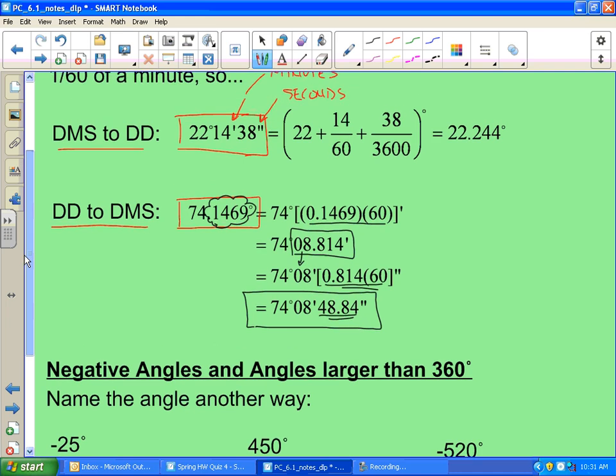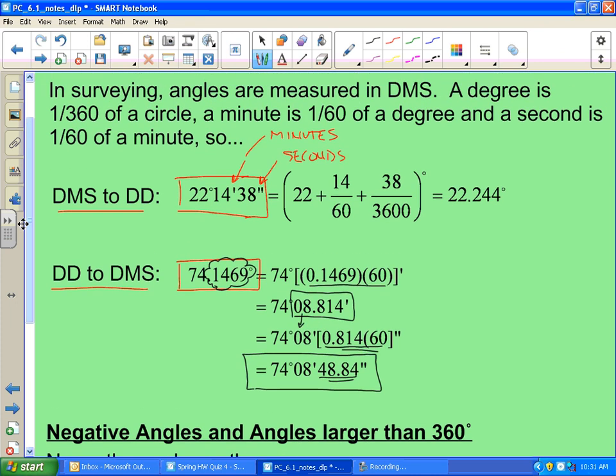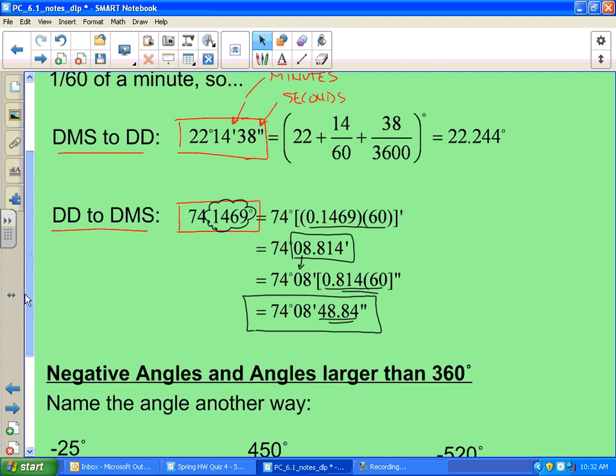I want you to just be familiar with degrees, minutes, and seconds. Understand if I give you something in degrees, minutes, and seconds, what I'm asking you to do with it. Oftentimes we're converting it to decimal degrees, and I need you to be aware of how that happens. All right? You actually have a function on your calculator that does this for you. So I'll show you that later.